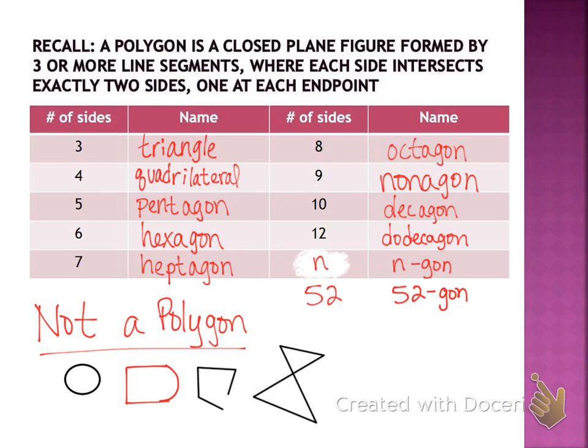Just as an example. So if it's not one of the ones given, that would even include 11. 11, for whatever reason, there's no universally accepted name for. 11, 13, 14, 15, any other number not on this list that would be a polygon is just that number dash gon.